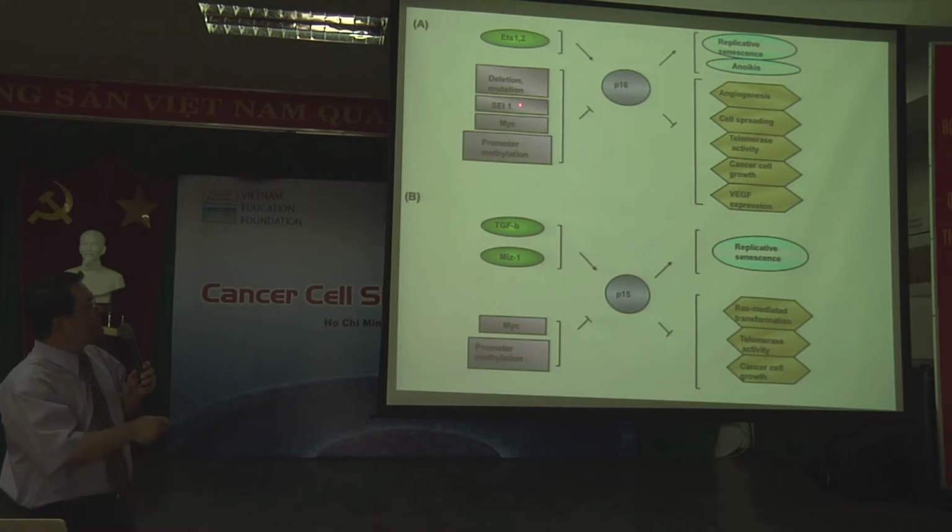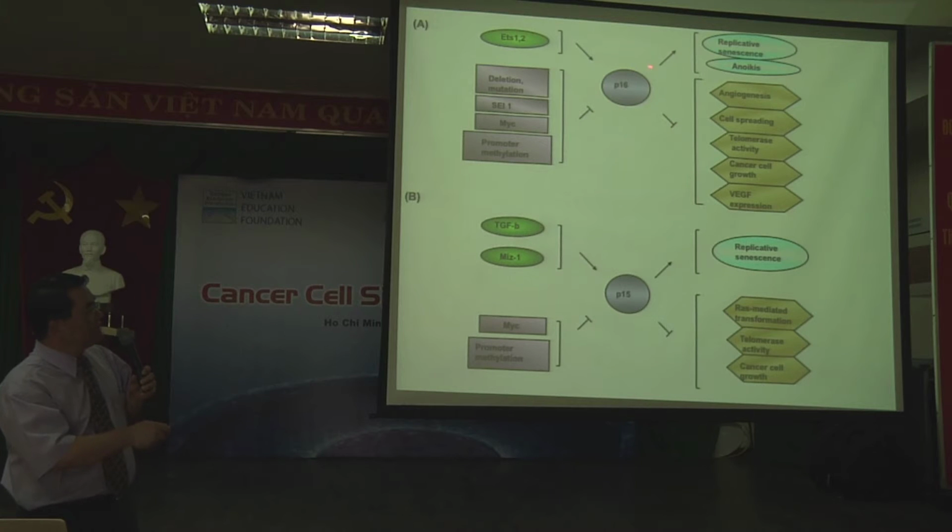P16 could be suppressed due to activation of the MYC oncogene, promoter methylation, or deletion or mutation of this particular gene. P16 could do several things. It could cause replicative senescence, called anoikis. P16 is able to suppress angiogenesis, cell spreading, telomerase activity, cancer growth, and VEGF expression.